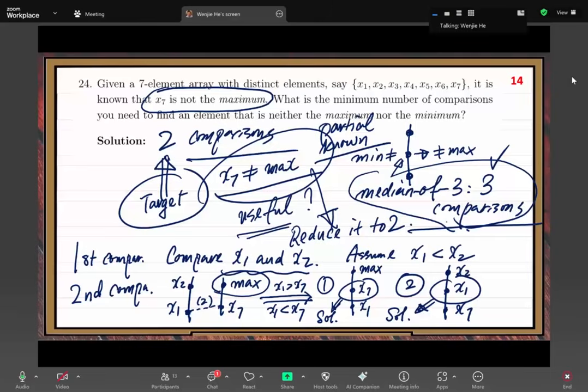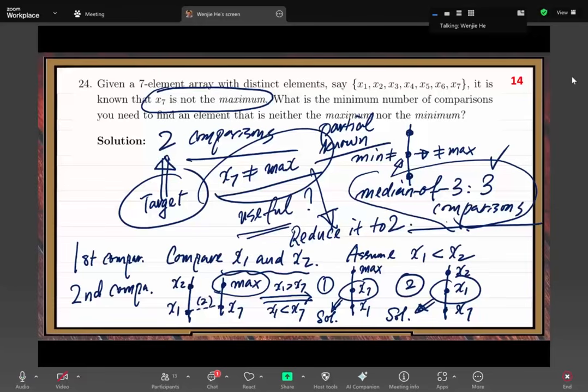We should not do worse than this 3 comparison solution. That's our starting point. Our starting point is already a 3 comparison solution. We can only do better than that.